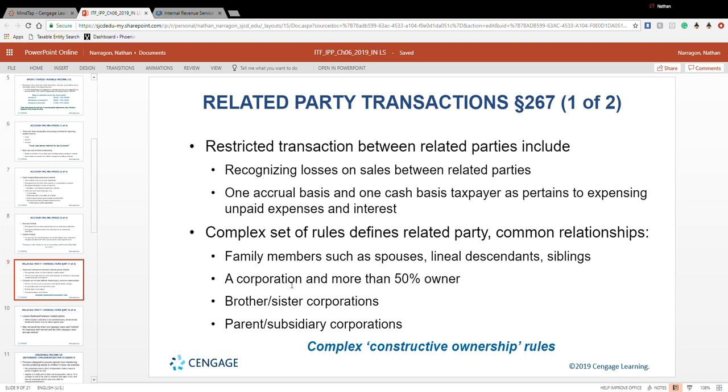So other types that we get is a corporation with more than 50% of an owner. That's more related. We have to watch out with that because they want to make sure that you're not taking the losses and the gains, and they're going to restrict a little bit of those. And then you have these two other terms known as the brother-sister corporations. These are the corporations that basically are treated like siblings to each other.